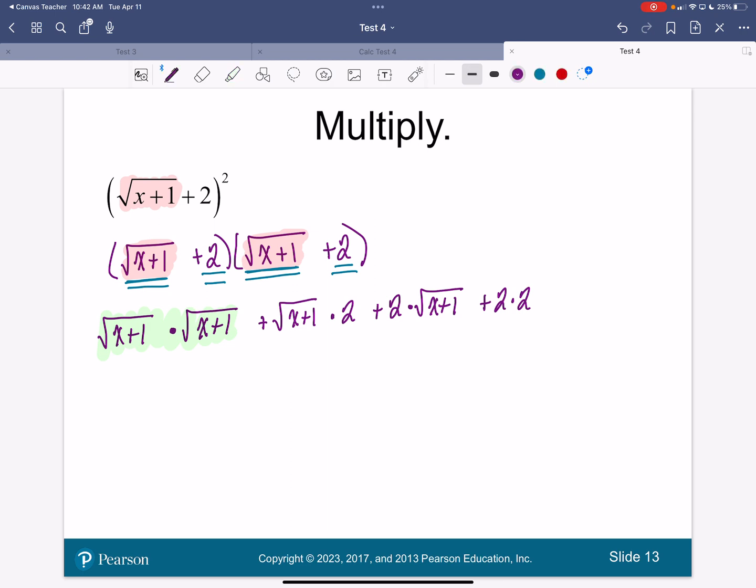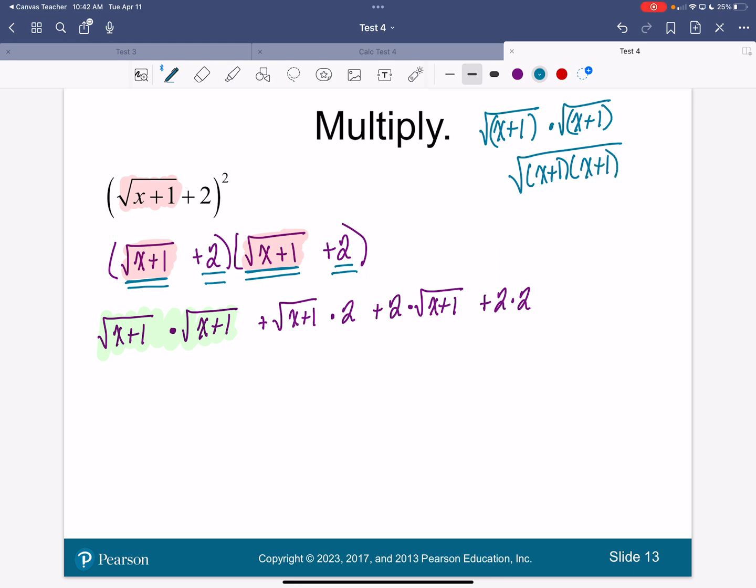So what I have is the square root of x plus 1 times the square root of x plus 1. Now, I can put that in parentheses. Because they are both inside the parentheses, and they are under the radical, and being multiplied, I can rewrite that as x plus 1, x plus 1.